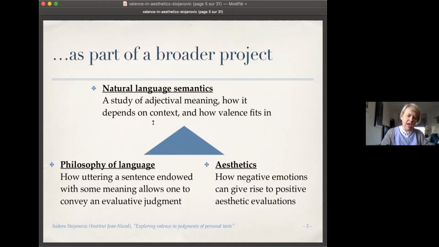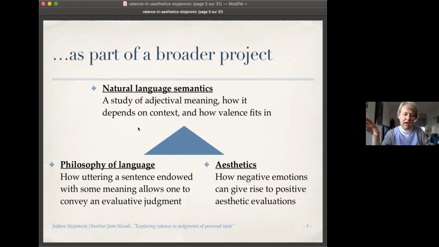What's taken from natural language semantics is the study of adjectival meaning, how it depends on the context, and how this idea of a balance that is positive versus negative can be cashed out in semantic terms. Philosophy of language looks at how, when you use a sentence in a context, a sentence that is endowed with some stable meaning, this allows you to convey an evaluative judgment.